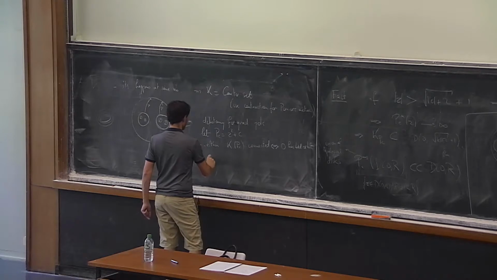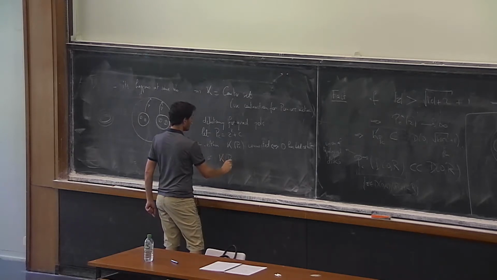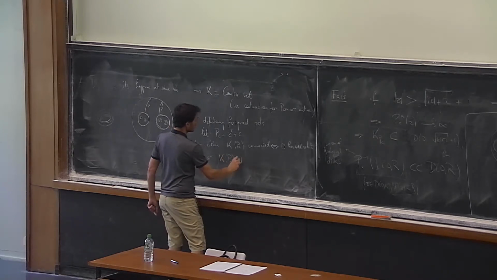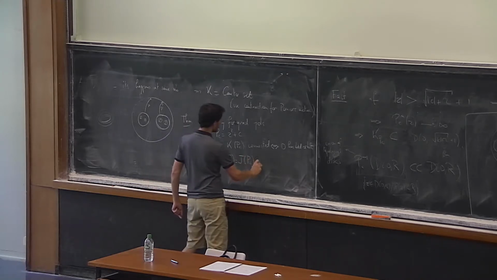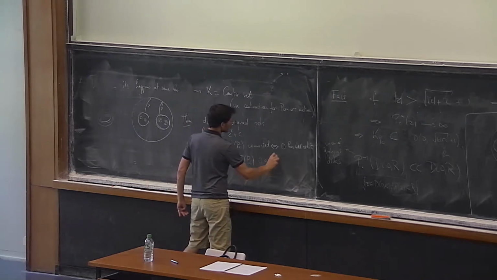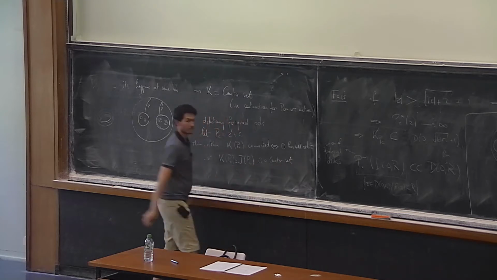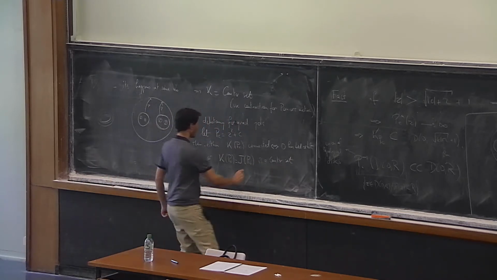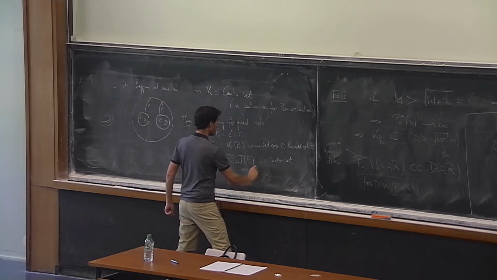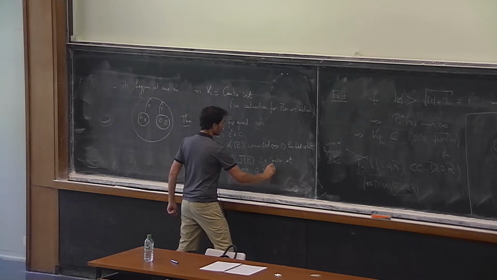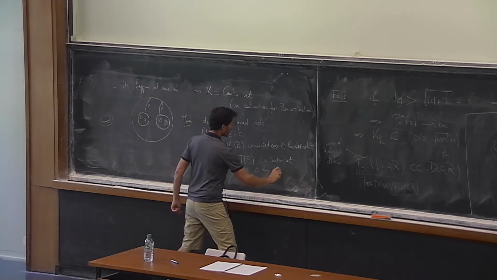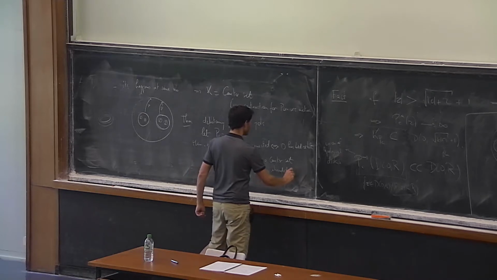Or the Julia set, the filled Julia set, which is equal to the Julia set in this case, is a Cantor set, and it is equivalent to the fact that 0 has unbounded orbit. Unbounded actually implies it goes to infinity.